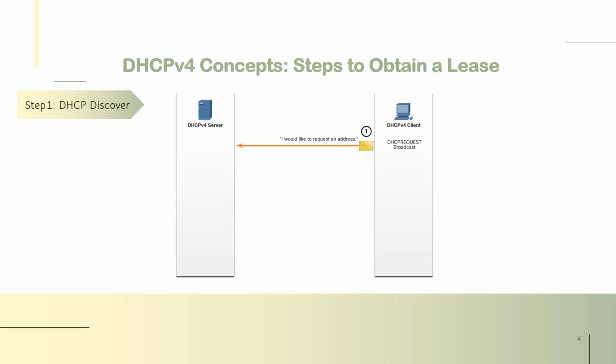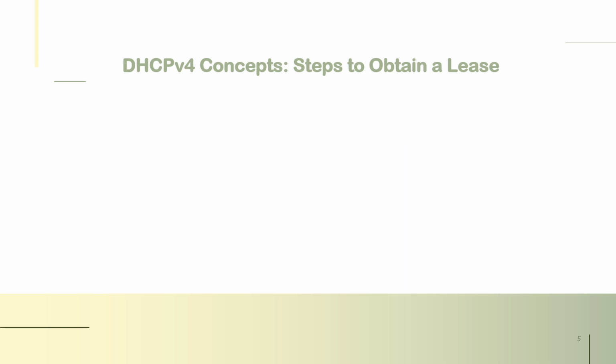After the client sends this message, we go to step 2, which is the DHCP Offer. When the DHCP version 4 server receives this DHCP Discover message, it reserves an available IPv4 address to lease to the client.